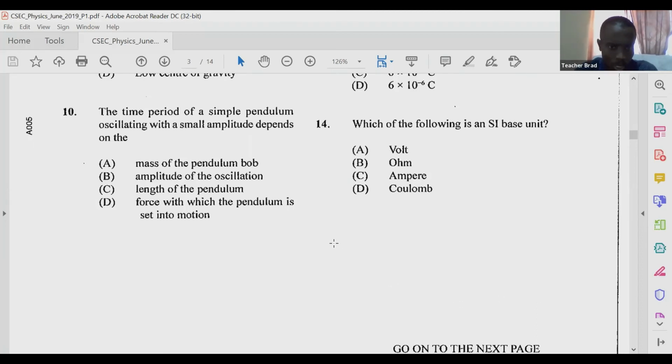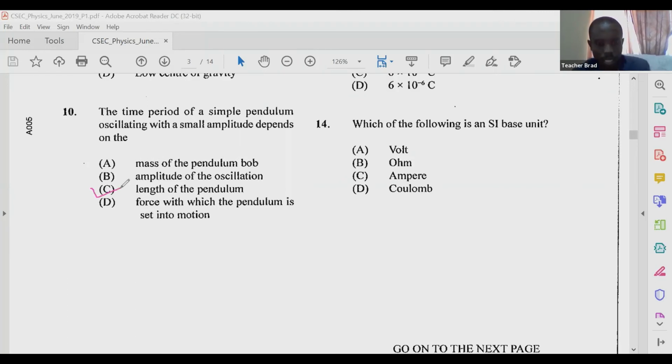We see that there's a relationship between the varying of the length and the time period. And we also see that from the formula for the period of the pendulum. So the length of the pendulum is what affects the time period. So it is dependent on the length of the pendulum.